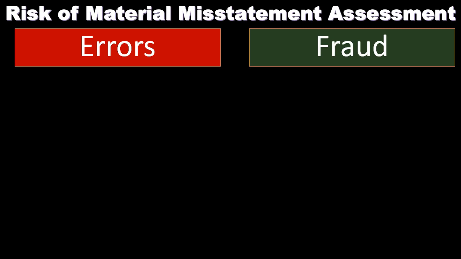Risk of material misstatement. That, of course, is what we're looking for within the audit. We want to give an opinion that the financial statements are reported in accordance with whatever standard they're given to be reported in, possibly generally accepted accounting standards. We're looking for material misstatements, which can take two forms. One, errors. Two, fraud.